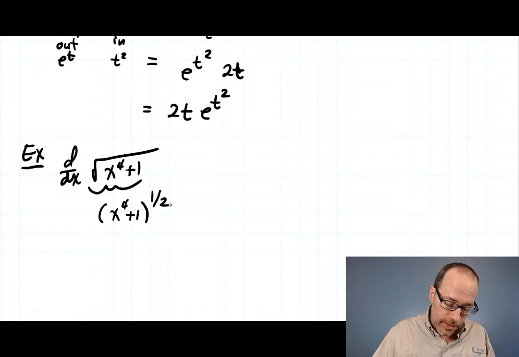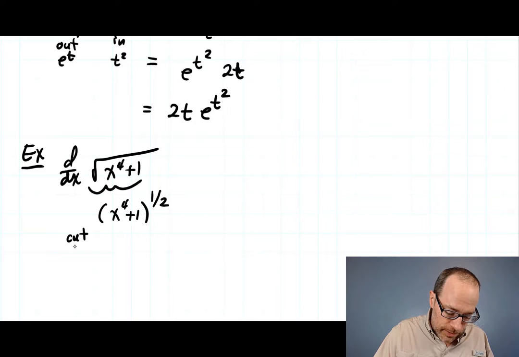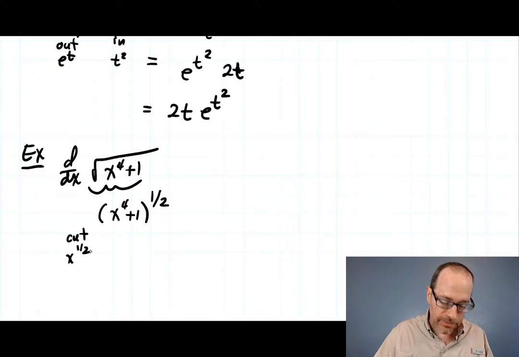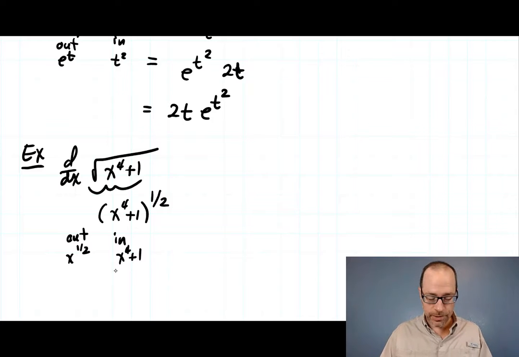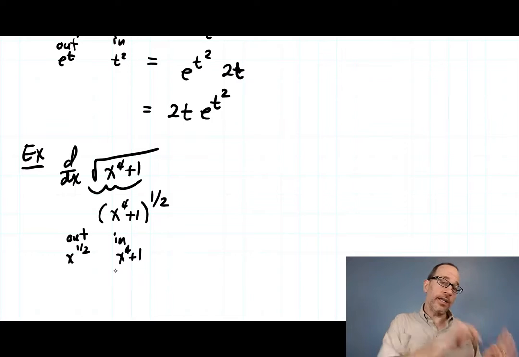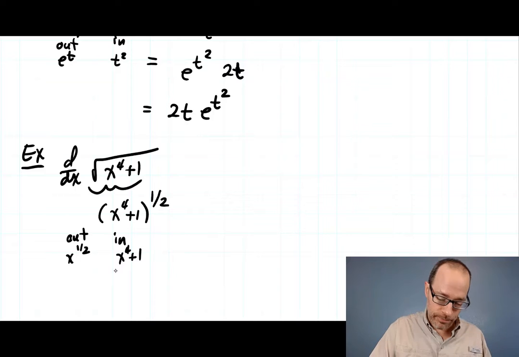But anyway, you see here that the outside function is x to the 1/2, the square root, and the inside function is going to be the x to the fourth plus 1, because you're plugging the x to the fourth plus 1 into the square root function.